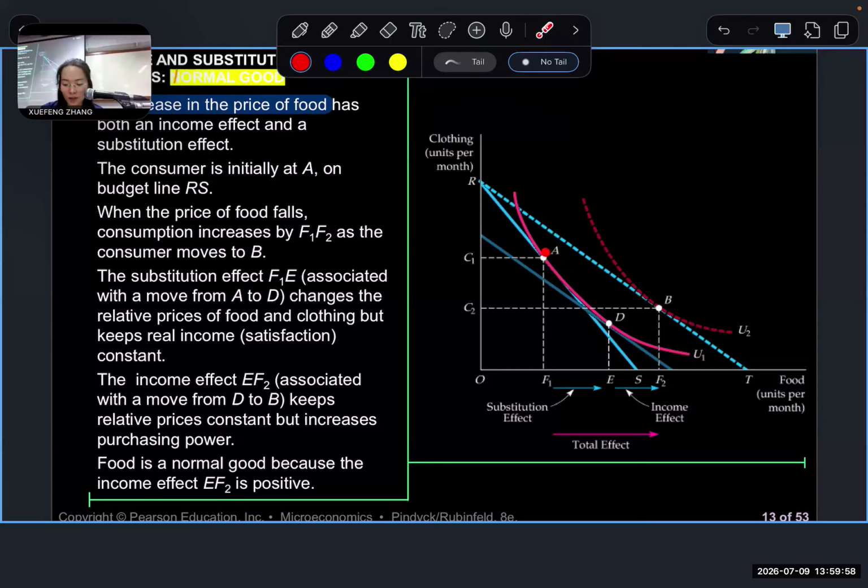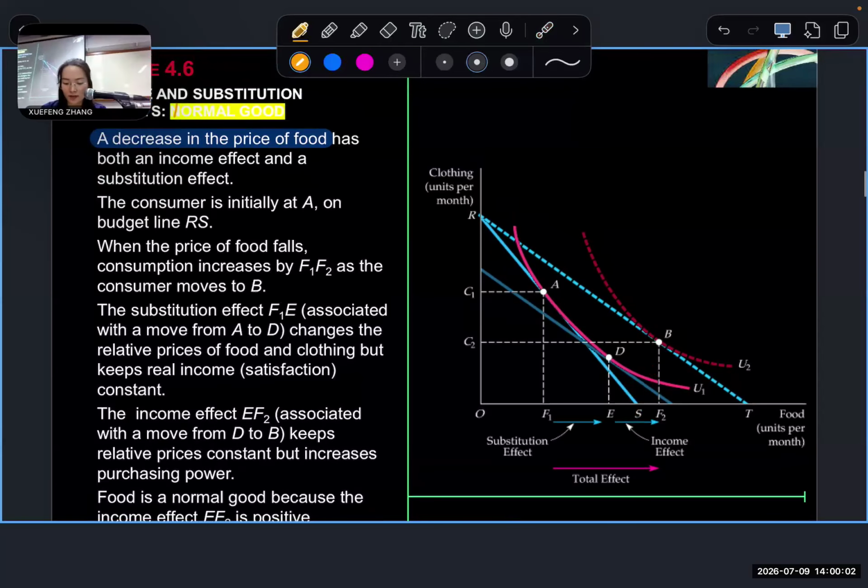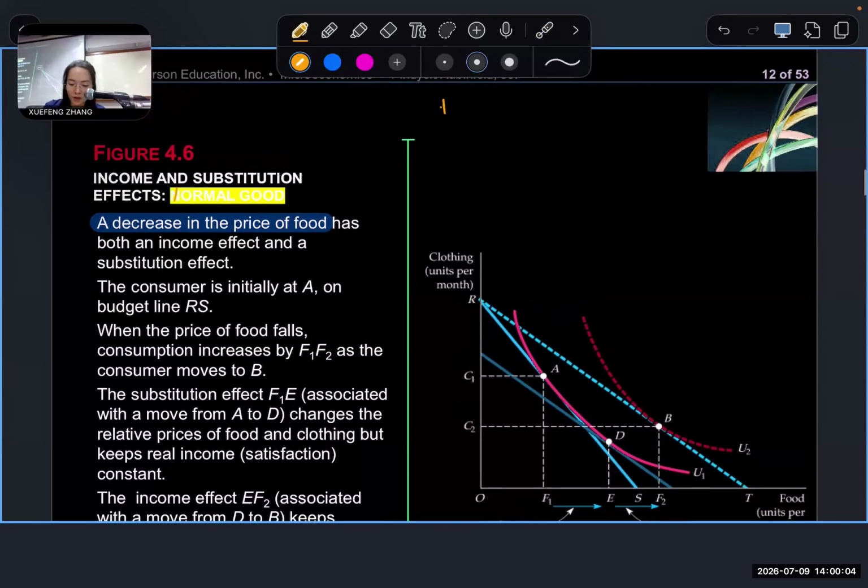It's on budget line RS. So if you are asked to draw the graph, you need to draw the budget line, which is RS, with the indifference curve, which is U1, and those give you the optimal, which is point A, okay?